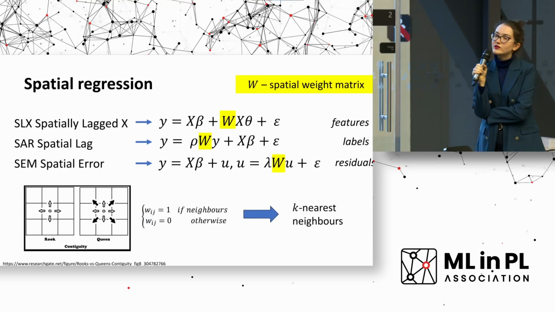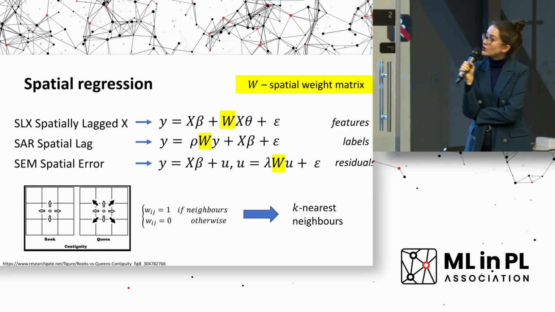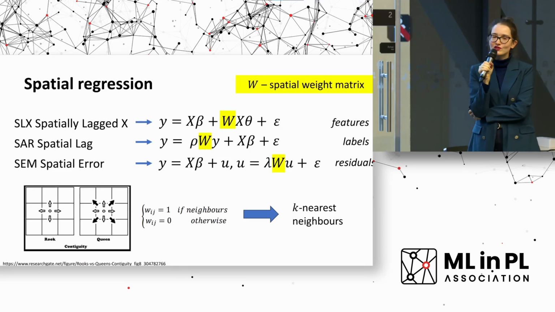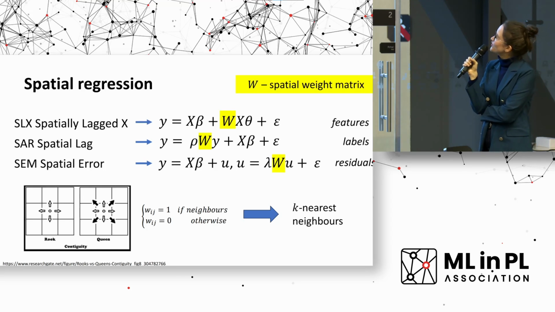Okay, so we know that sometimes we cannot use linear regression. So what we can do is use spatial regression. And in this talk, I'm going to focus on 3 variants of it. I will not dig into the details of these methods, but what's important is that, first of all, it looks like a normal linear regression, but there are some additional terms.